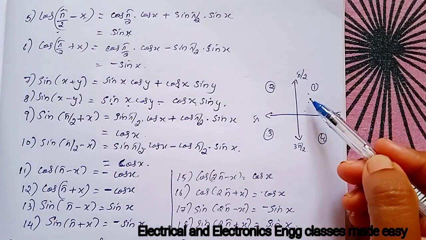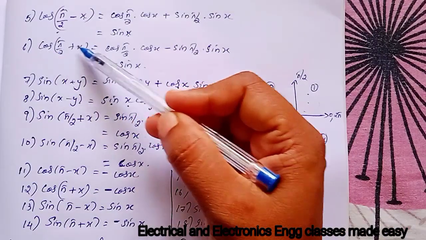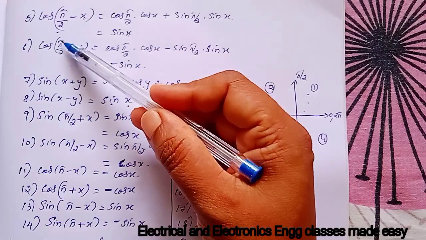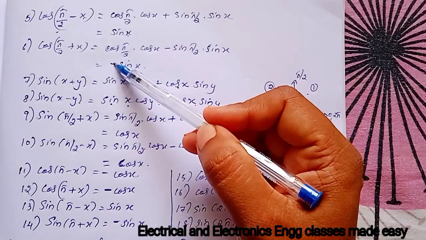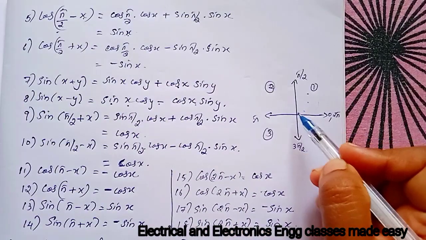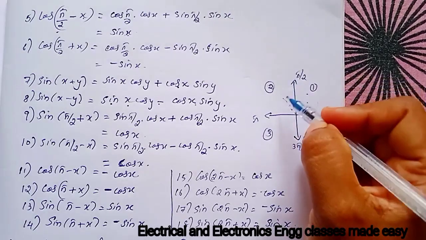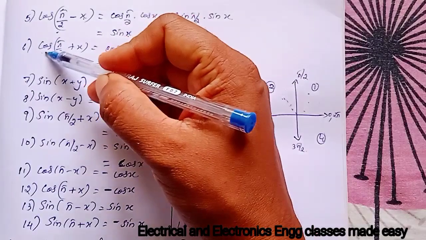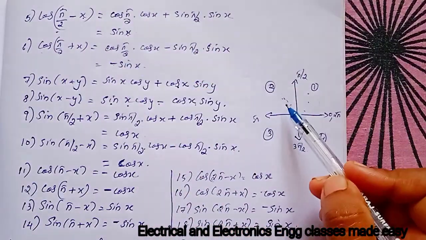Which is positive in this first quadrant. And here this is cos(π/2 + x). So this is π/2, so we have to take a sine. Then x lies in the second quadrant, and in the second quadrant cos is negative, so we have to put a negative sign here.